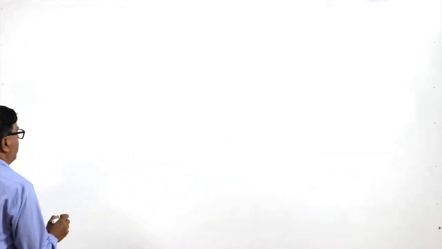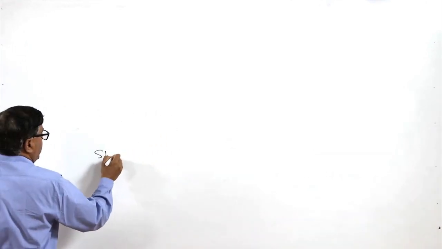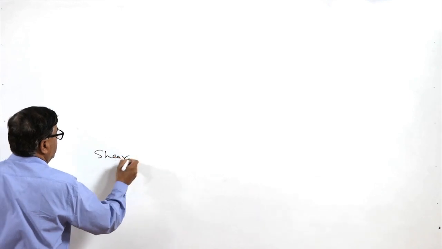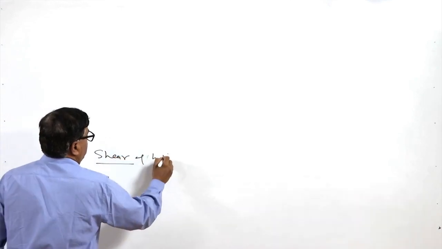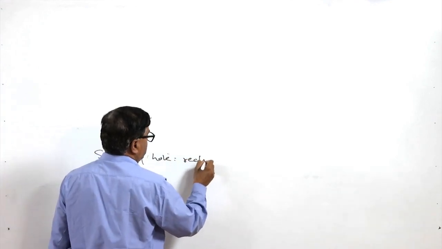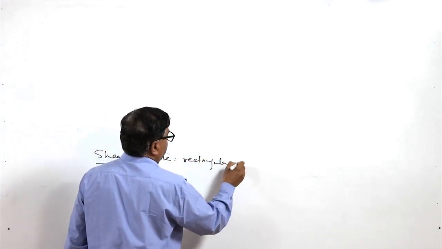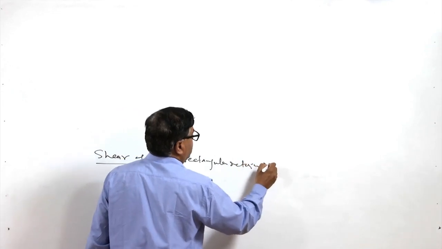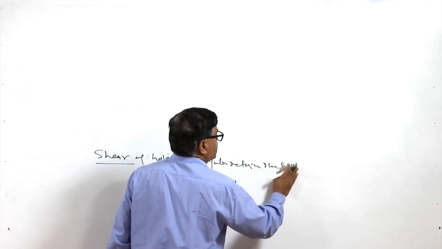Say a rectangular hole is to be sheared in a steel plate or steel sheet.